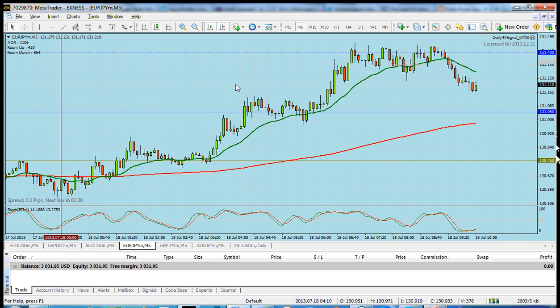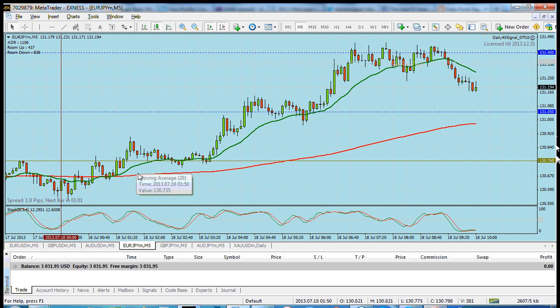So today we will be discussing a new strategy that I have developed. I've been testing this for some time now, and you will see how this is going to work. One of the most important things about this strategy is that price has to be above the 20 SMA.